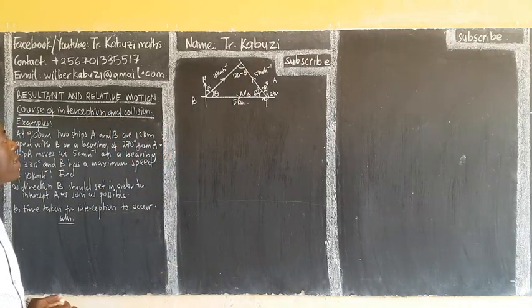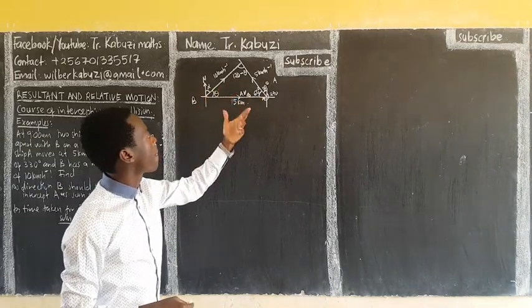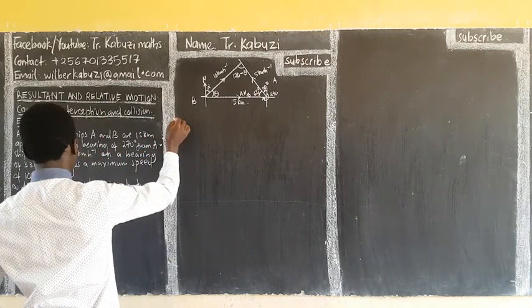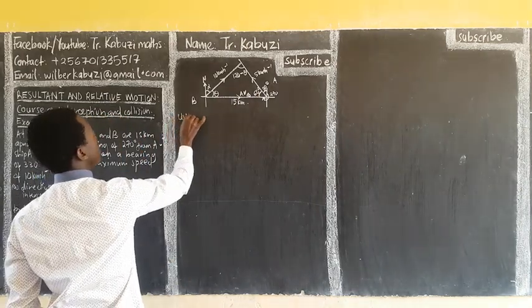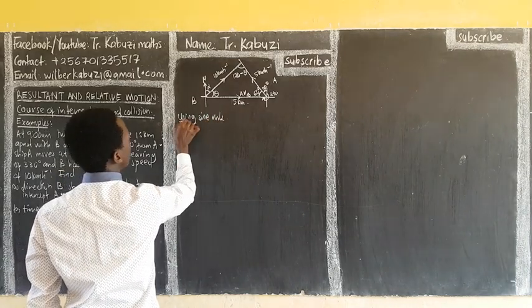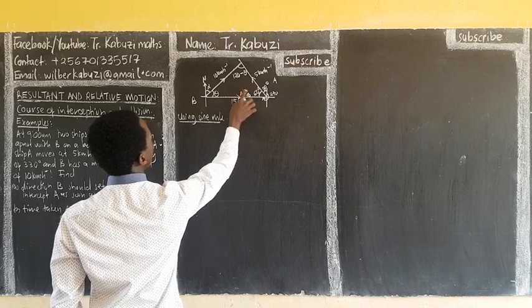As simple as that. There are two ways you can do it. Either you use sine rule to get this theta, because you have this and this. So using sine rule, we want to get theta. So we are going to say this over this.